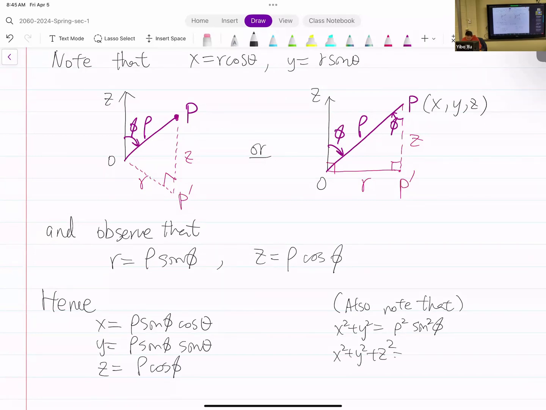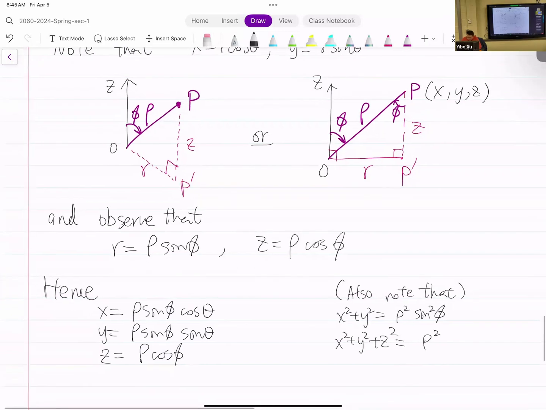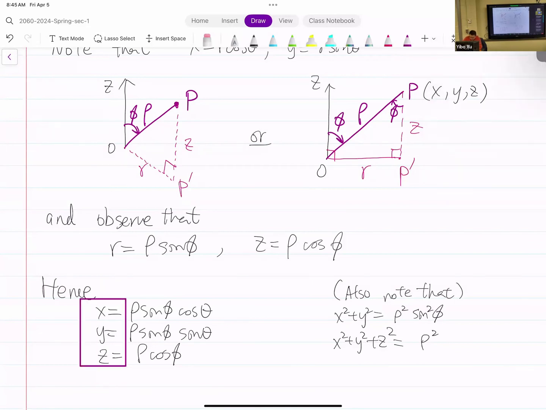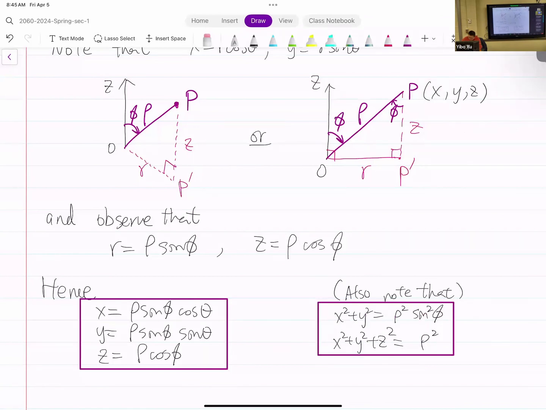We can put that along with z squared, and z squared is rho squared cosine squared phi. If you add them up, by this Pythagorean theorem, x squared plus y squared plus z squared equals just rho squared. So indeed, you are able to describe this sum of squares with a single expression. These are the translations in the spherical coordinates.